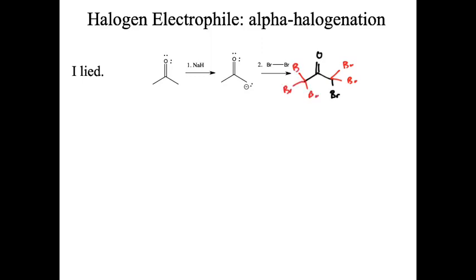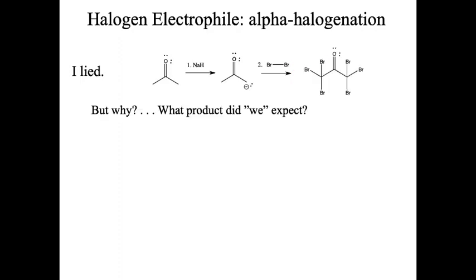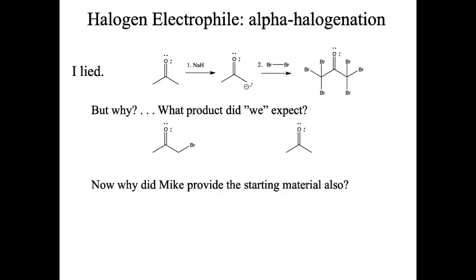Bromine is electronegative enough that it made the other hydrogens more acidic than the first one. Okay. If we go through and run the reaction, the product that we expected was just a single bromine, and we got one with more bromines. Why? Notice I drew the starting material. Why did I draw the starting material? To compare the acidity.